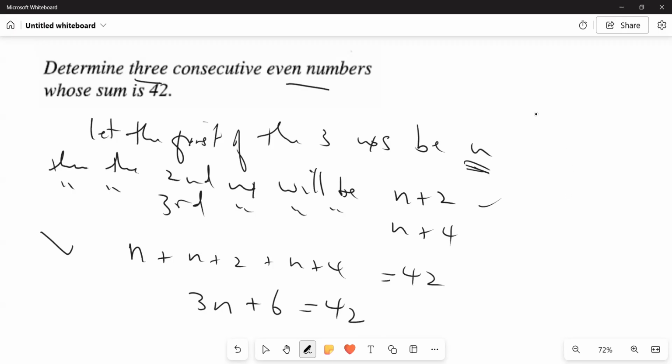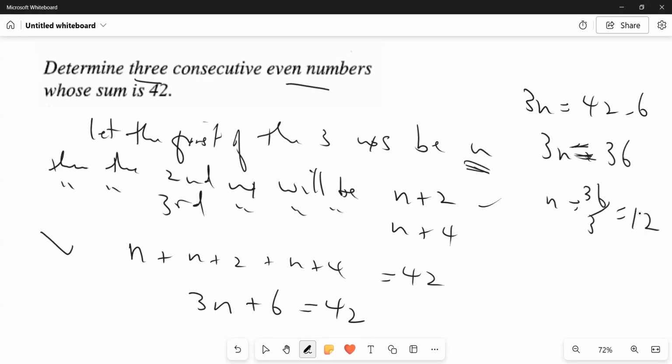So 3n is going to be equal to 42 minus 6. 42 minus 6 is 36. So n is 36 over 3, which is 12.